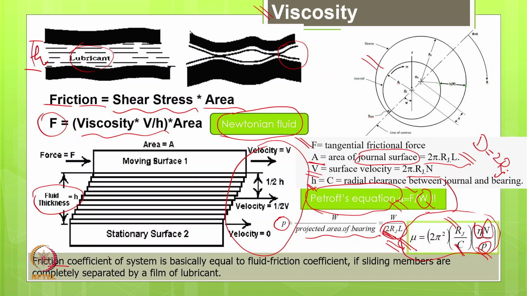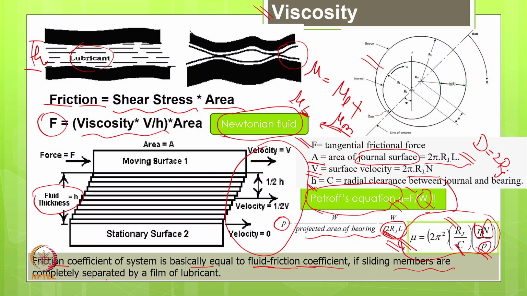Now the friction coefficient of the system is basically equal to the fluid film friction coefficient. Initially we say the overall coefficient of friction is basically the coefficient of friction because of the liquid, and also because of the metal, and in this situation one case we say the mu will be replaced by the B. It can be equal to the full fluid lubrication mechanism only if the two members are completely separated.